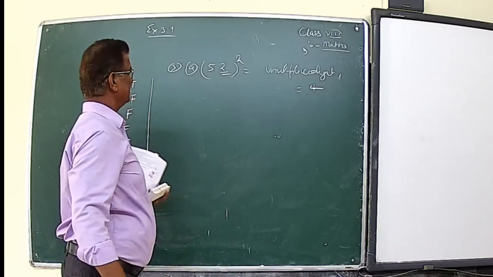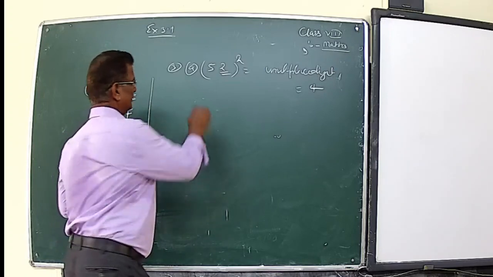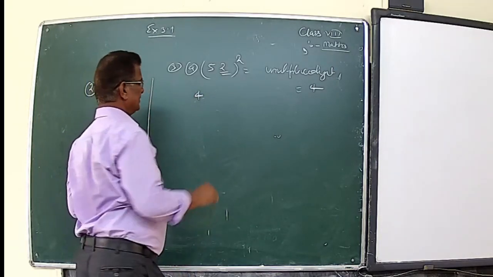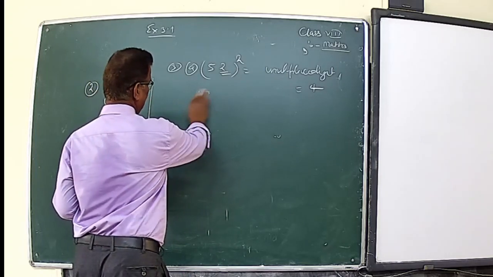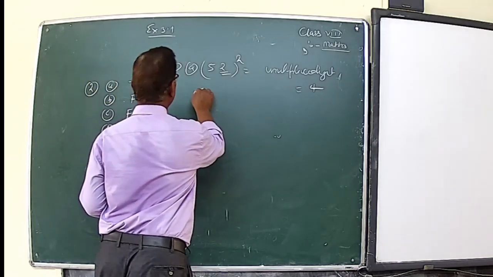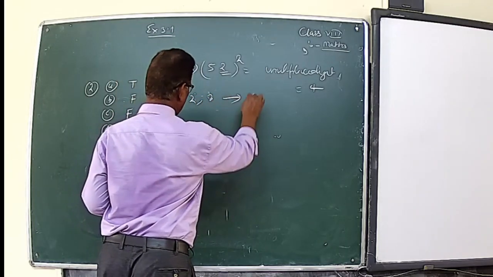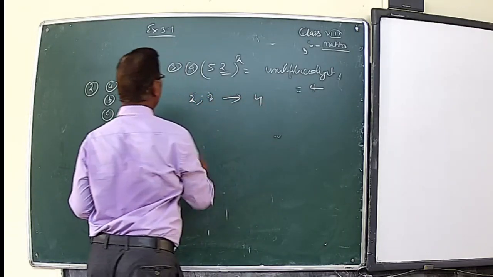If 4 or 6, the ending digit is 6. For 2 and 8, the ending digit of the square is 4.